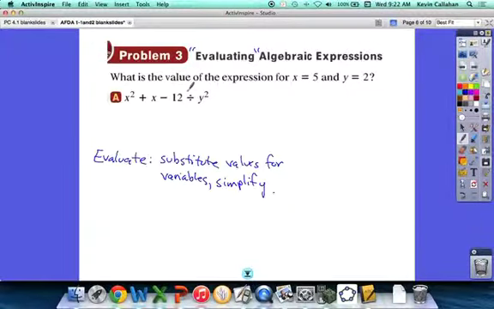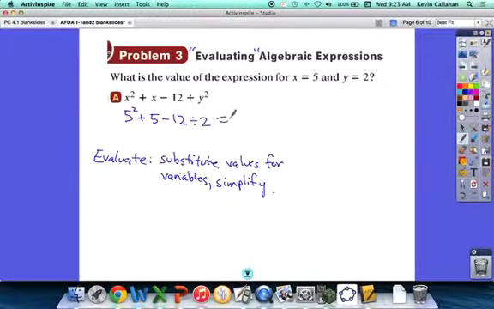What are we supposed to do with the 5 and the 2? Plug them in, right? Everywhere you see an x, put a 5. Everywhere you see a y, put a 2. And so this will be 5 squared plus 5 minus 12 divided by 2.